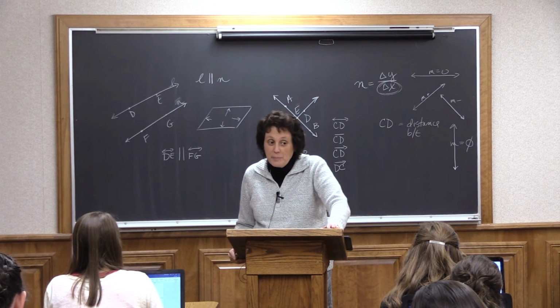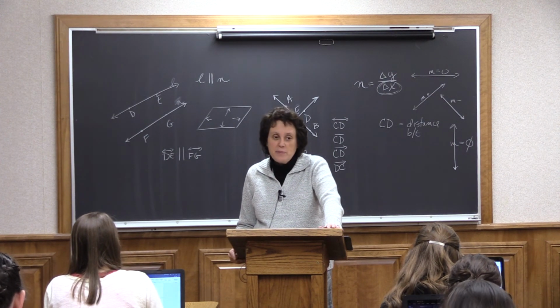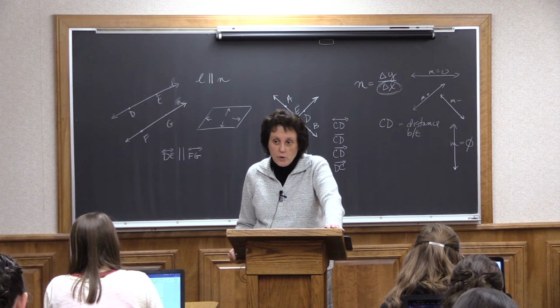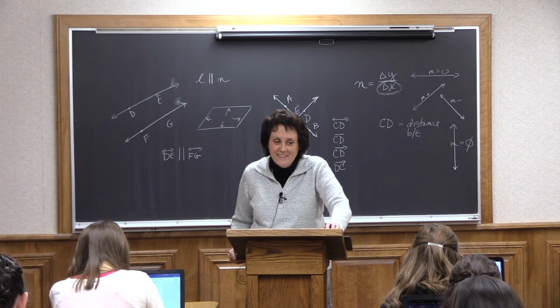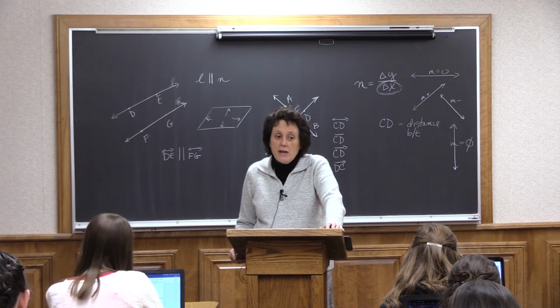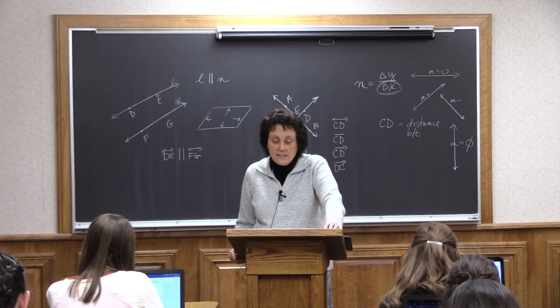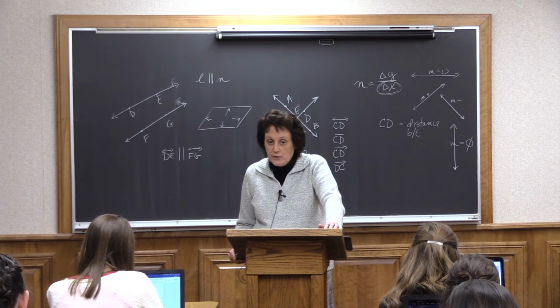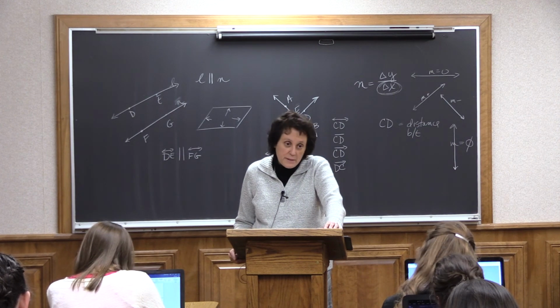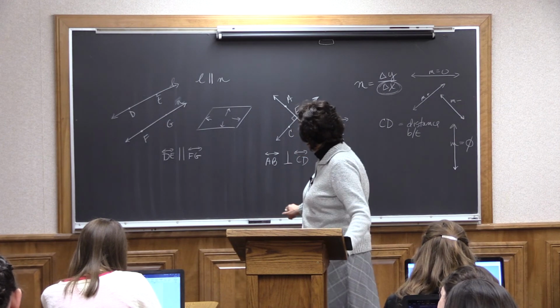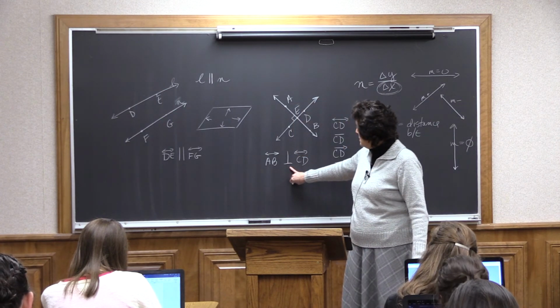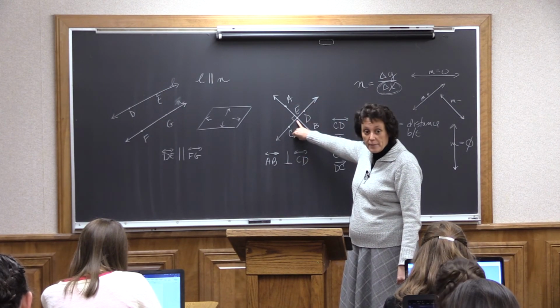Just because it looks parallel, you don't assume it's parallel unless you're told, or it's part of what we call in geometry the given. We have to be given the fact that the lines are parallel in the directions or with symbols. We have to be given that the lines are perpendicular, either with symbols or in the diagram.